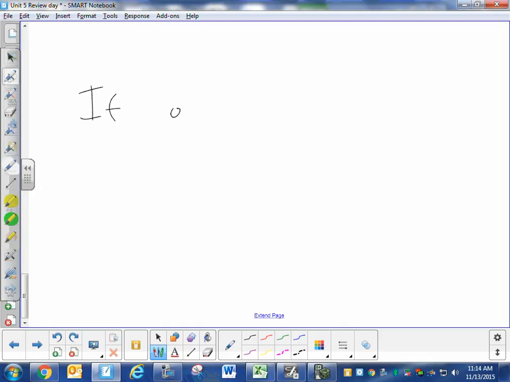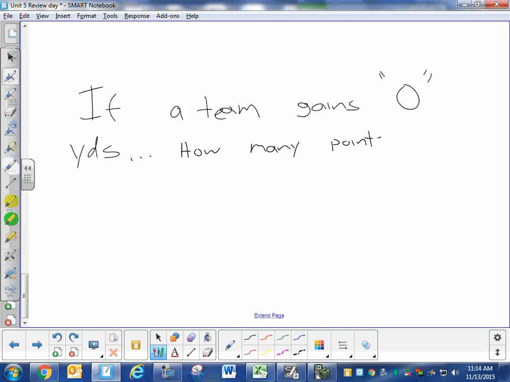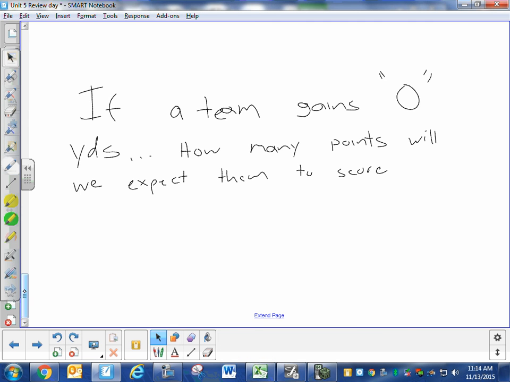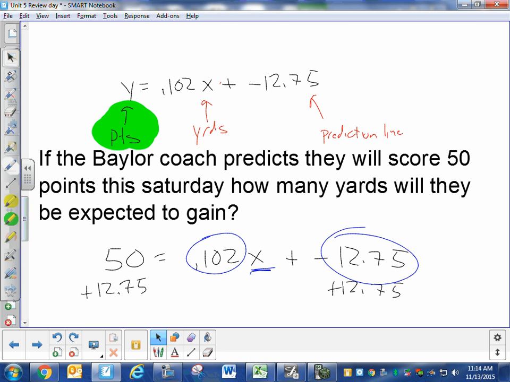If a team, horrible team, gains 0 yards, okay? So, they need the ball every time. How many points can we expect them to score? Let's see. Well, I got my prediction model, right?